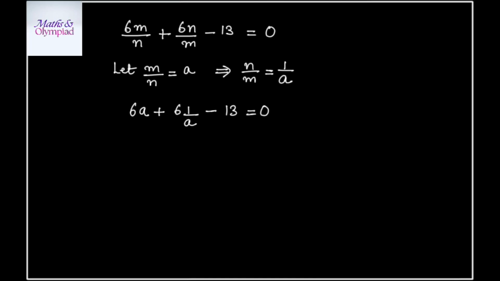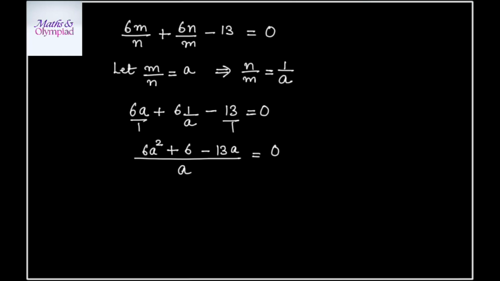Now this is a linear equation in one variable. I will take LCM. So this will become 6 times a square plus 6 minus 13 times a equal to 0.